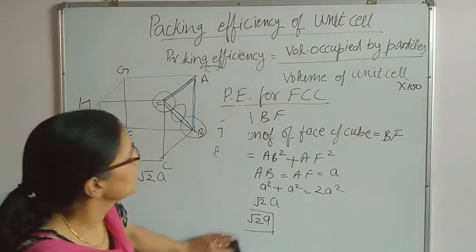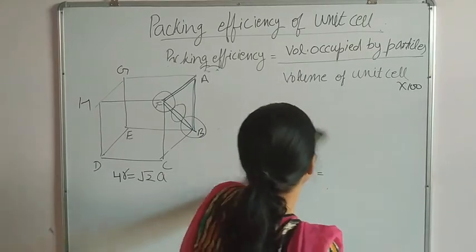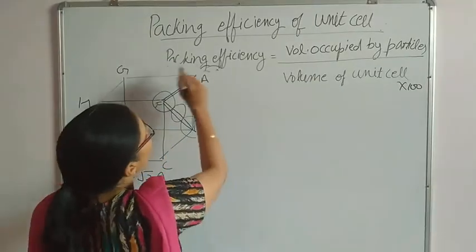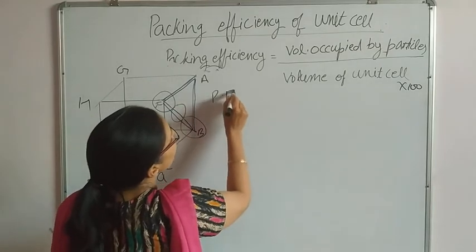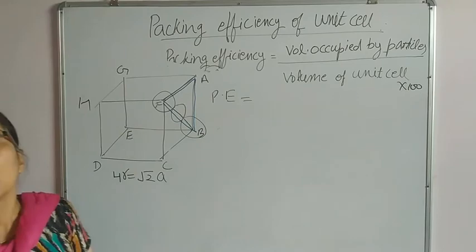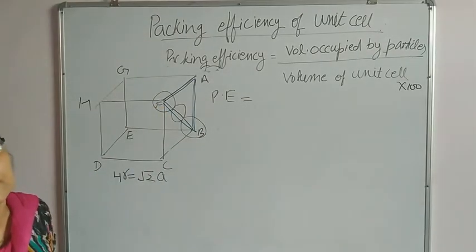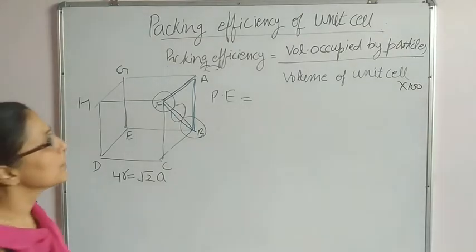Now we will proceed for packing efficiency of the face-centered structure according to the formula: PE is equal to volume occupied by the particles. The total number of particles in the face-centered structure is 4.